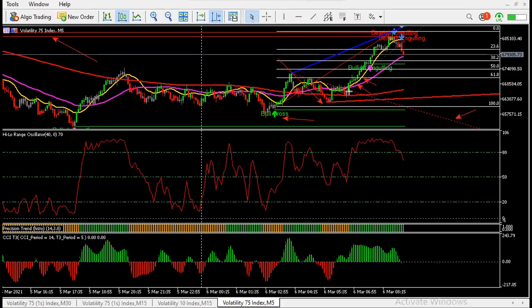So on the 5 minute chart on the V75, you need proper knowledge, because you don't want to buy here and hold the trade because it could go against all your entry, right? So if you waited for the pullback and the continuation, this was the best time. So most times in the W formation, the safest entry is right here.